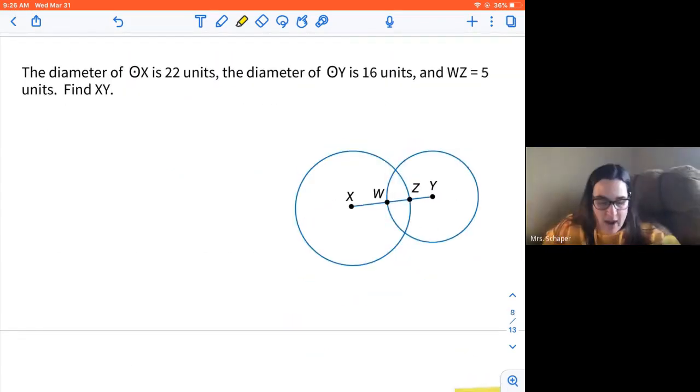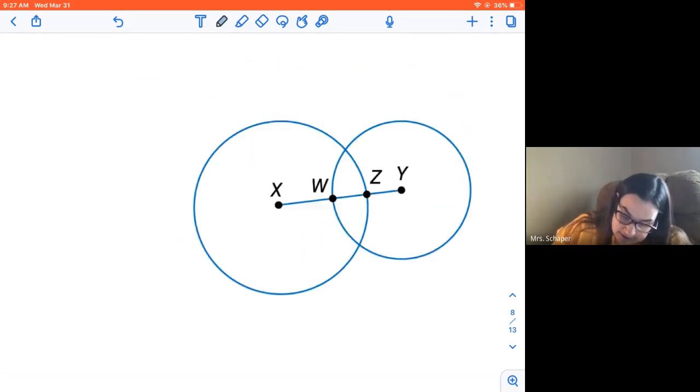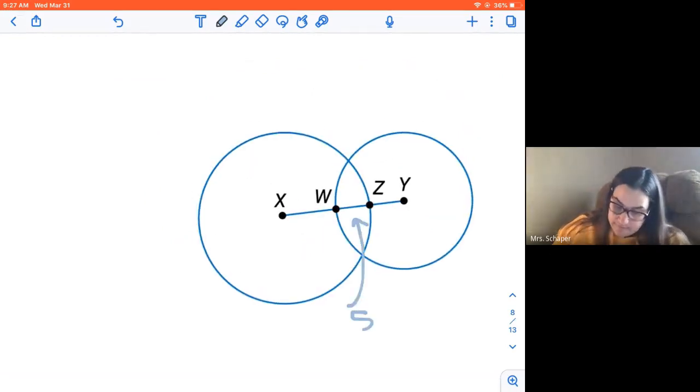Ooh, this is fun. All right, so the diameter of circle X is 22 units. The diameter of circle Y is 16 units, and WZ is 5. Find XY. I love these type of problems. Okay, so what we know is that this is 5.